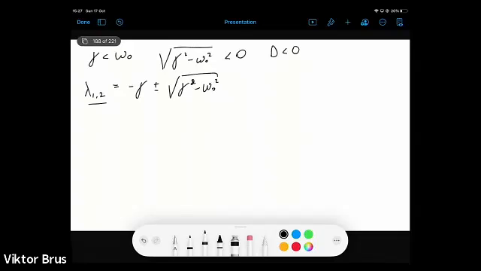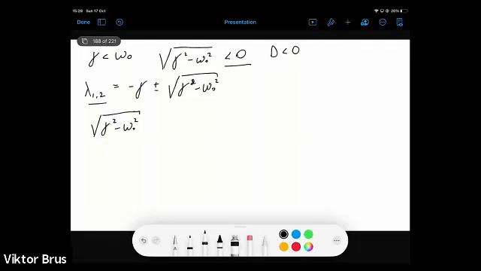They will be complex functions. And how can we write it in a proper form to highlight that these are complex? So we know that gamma square minus omega naught square is smaller than 0.